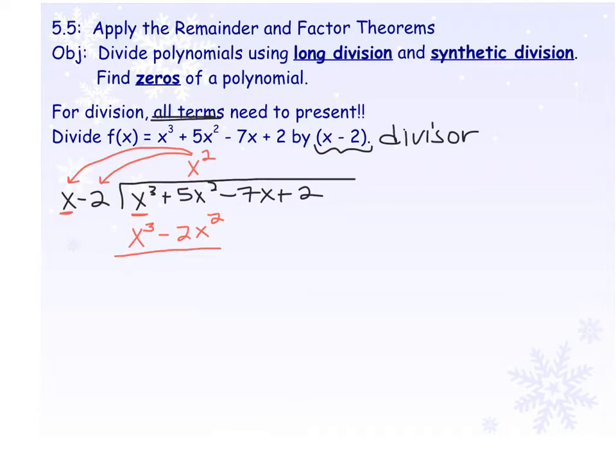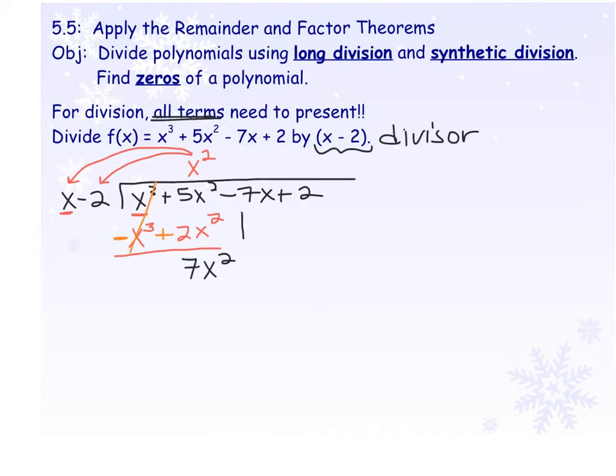To do that, we have to subtract both of the terms, which means I'm going to make x cubed negative, and that ultimately changes the negative 2x squared to positive. We have to change both signs. When we do that, the x cubed cancels out. And what's left over in the next column, 5x squared plus 2x squared, would be 7x squared.